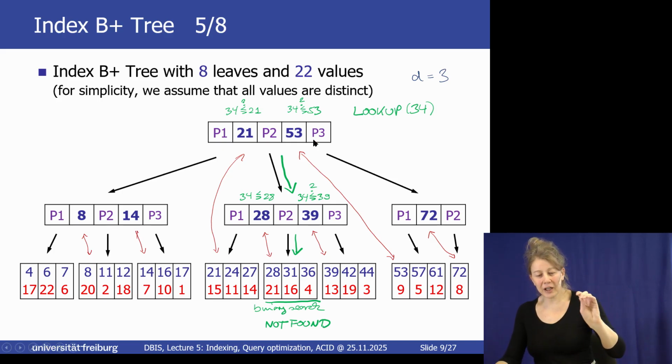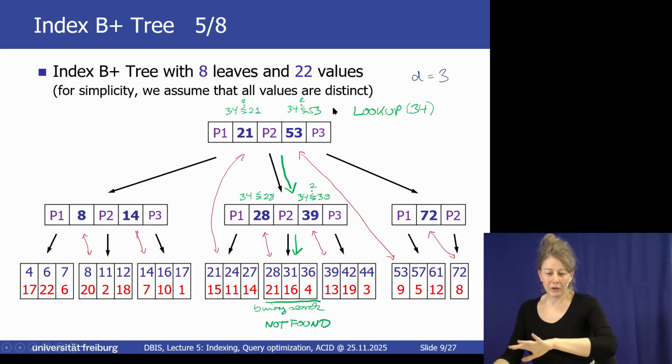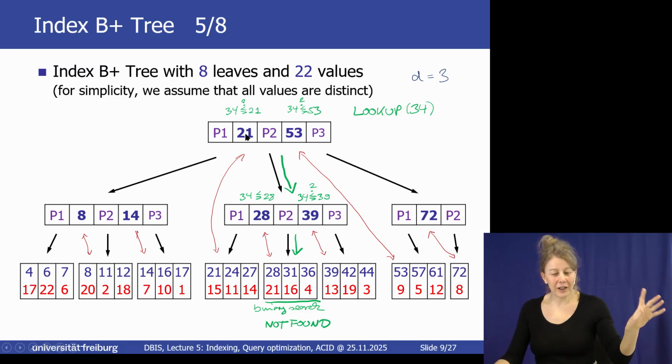And just to recapitulate, what I'm doing here, I'm just checking these inner things, and I can say with certainty, if 34 is in the tree, it will be here. It can't be here because everything here is less or equal than 21, because 21 was the smallest of this thing.